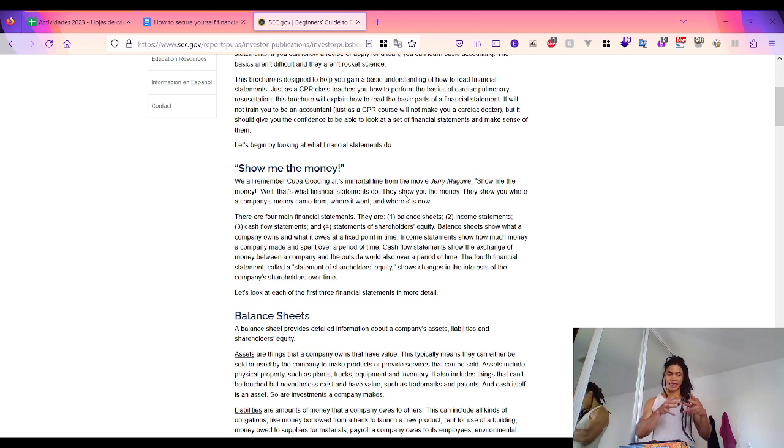So the company spreads the total cost of these assets over the period they are used, and this is called depreciation or amortization.